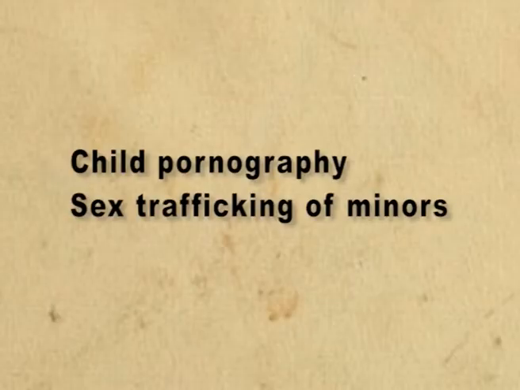Children who by definition require the guardianship and care of adults are among the most vulnerable and innocent victims of crime. Crimes against children include physical and emotional abuse, neglect and exploitation, such as through child pornography or sex trafficking of minors.